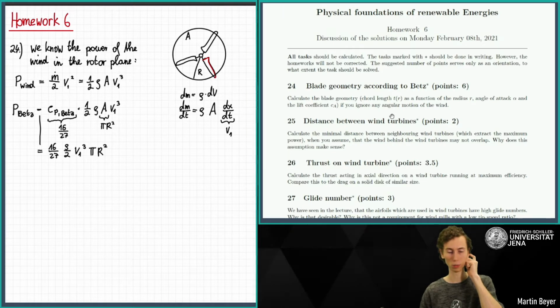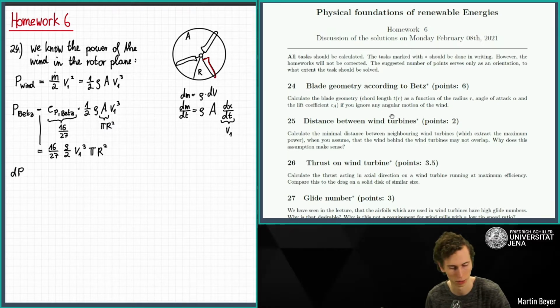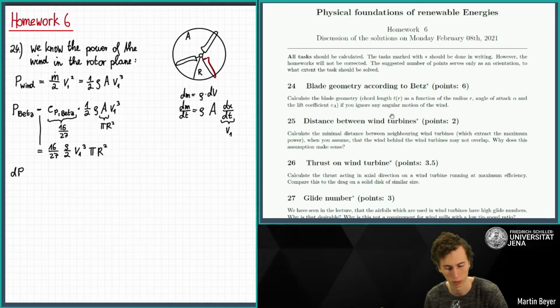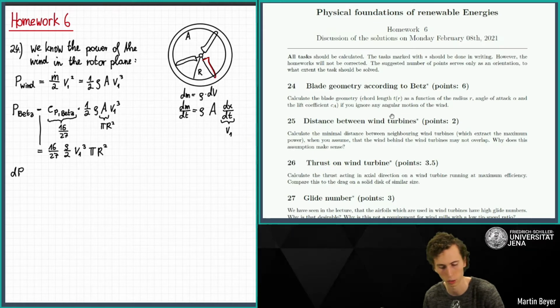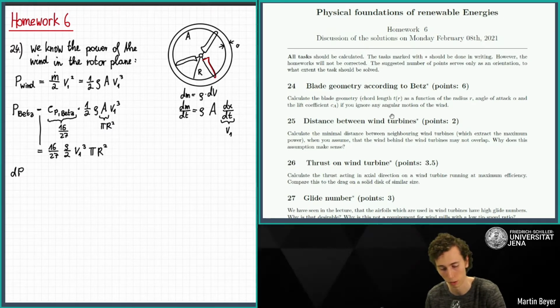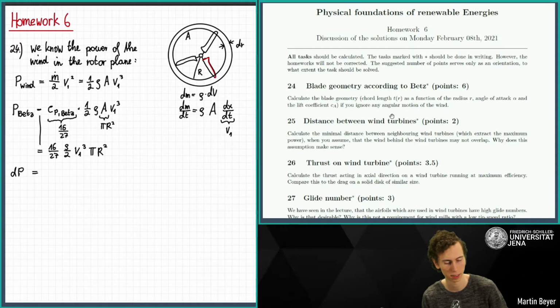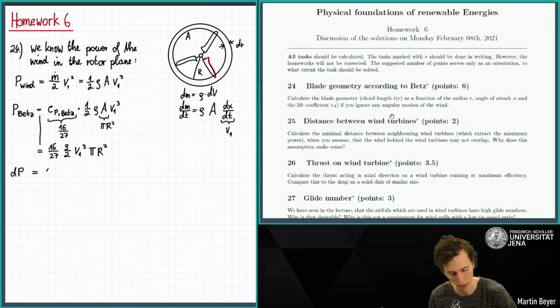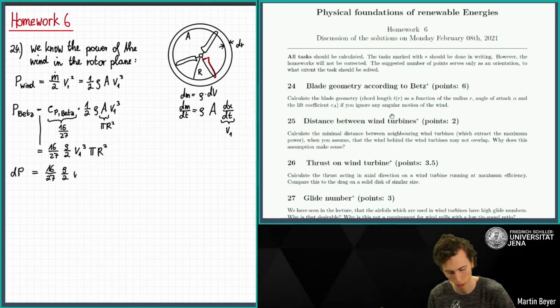And now we are looking for an infinitesimal contribution of the power. And here we just assume that we take a small ring. Hopefully I can draw this. Okay, it looks fine. We take here a small ring with thickness dr. And then our infinitesimal power just looks like this: 16/27 rho over 2 v1 cubed.